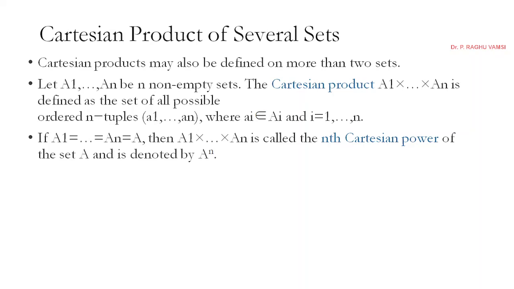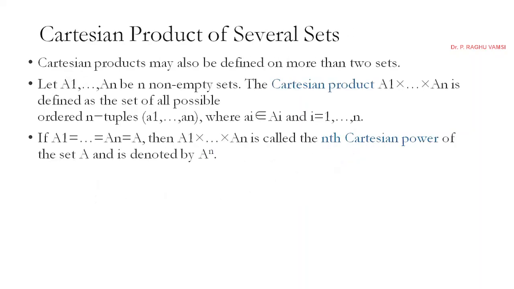It is just like in the multiplication, 5 cross 5 is considered as 5 square. Like that we will also consider in this case, if it is the same set that we are going to multiply, then the nth Cartesian power is considered as A power n.